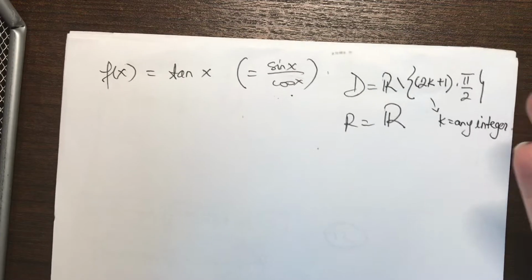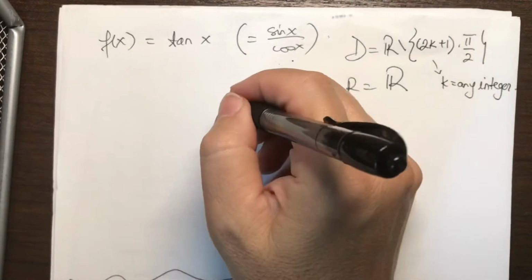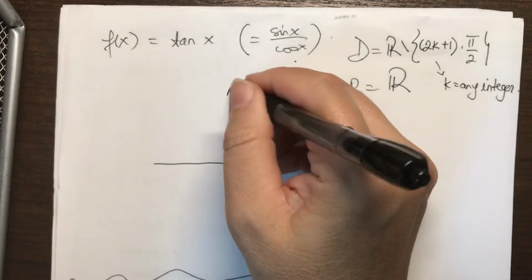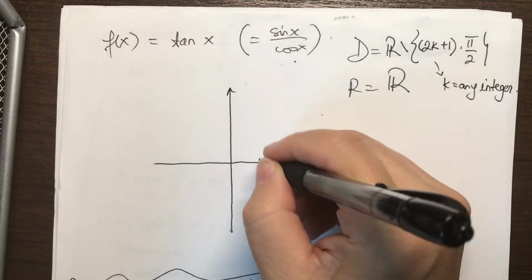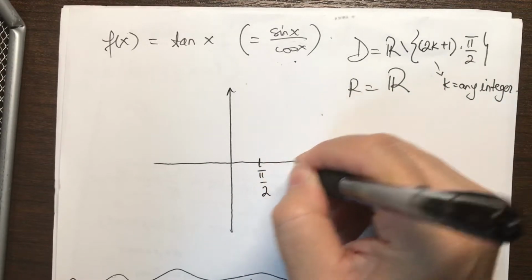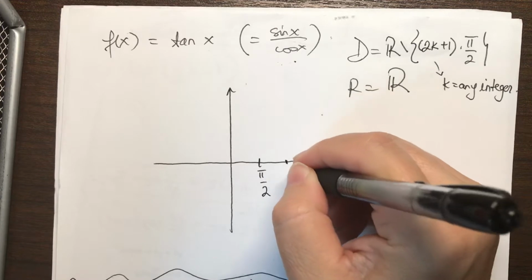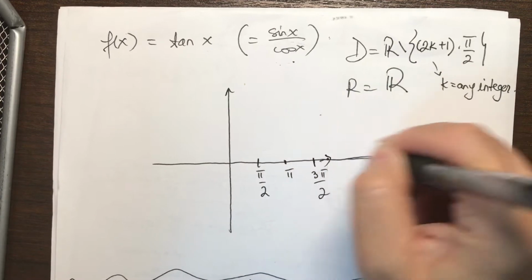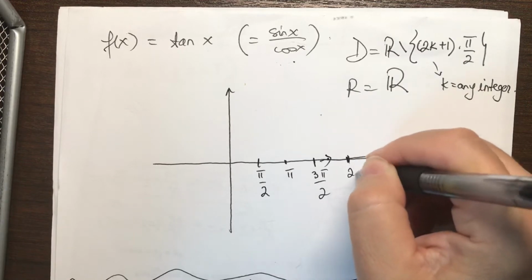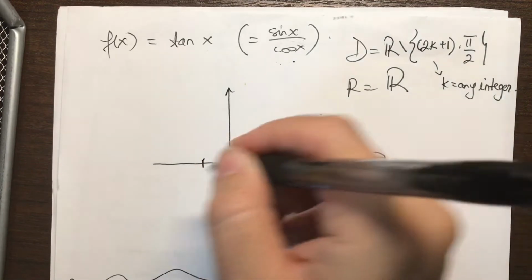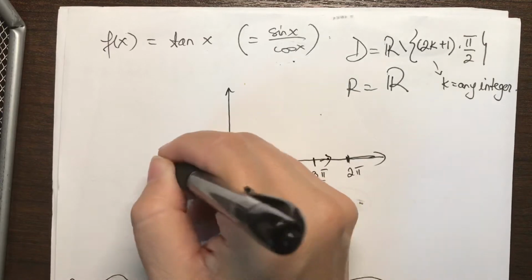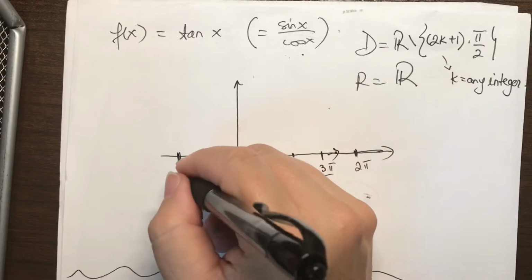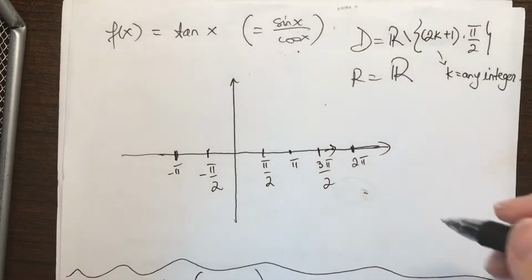Okay, so I'm going to draw the tangent function for you, and I'm going to tell you why the range is all real numbers. What did I say? Anywhere where there's a pi over 2, I'm going to have to draw a vertical asymptote, and so on and so on.